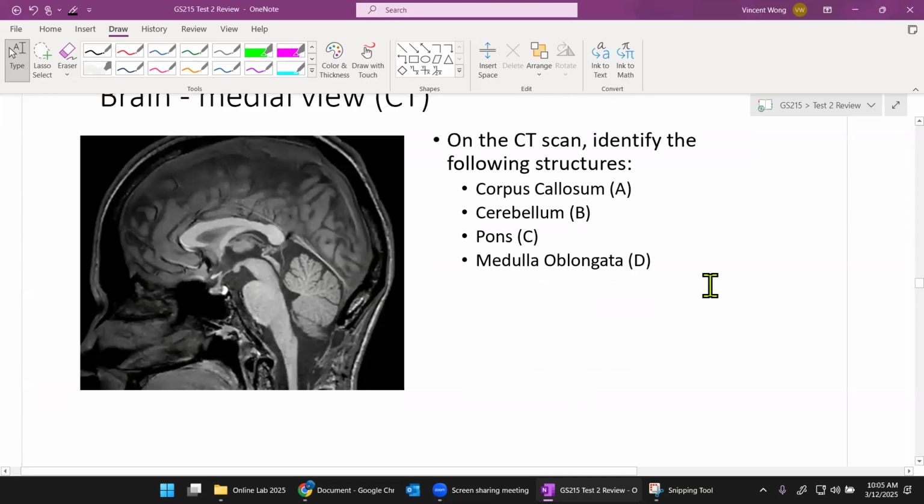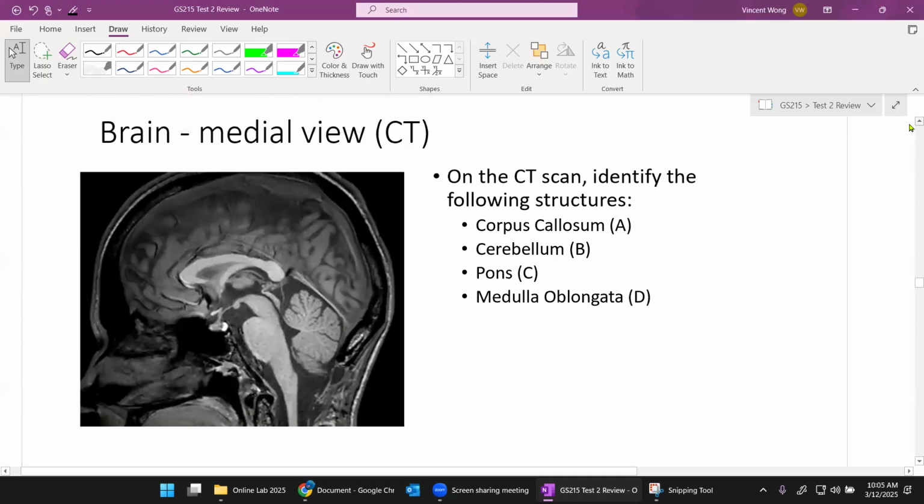This is an actual CT view. We have corpus callosum right here. Cerebellum, pons, medulla oblongata. You can probably identify other things as well, right?